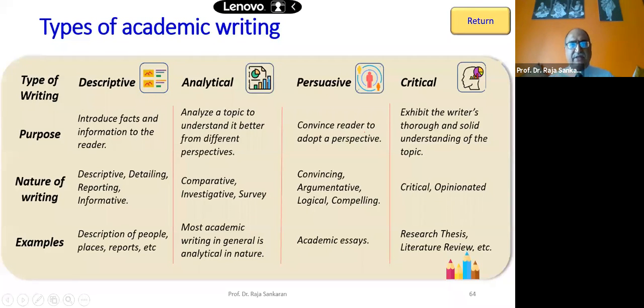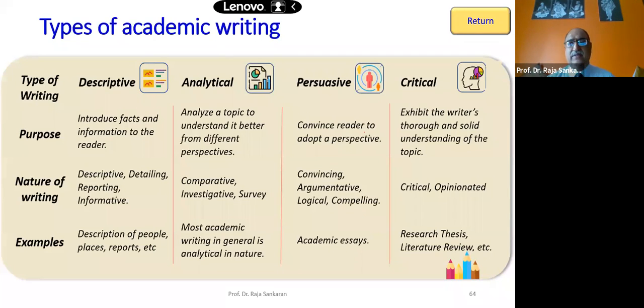So in terms of academic writing by itself, there are different types. One is descriptive, second is analytical, third is persuasive, and fourth is critical. Whenever we talk about writing the literature review as well as doing it as part of a thesis, we must make use of the critical method.